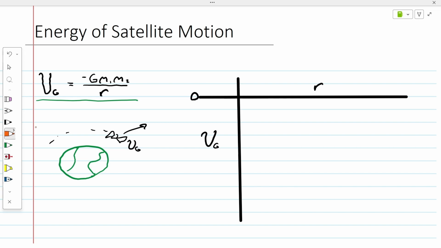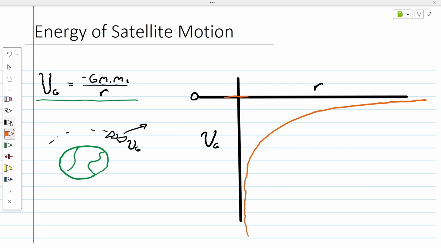When we have a really small radius, this gravitational potential energy is going to be very large in the negative direction, very, very negative. So we start at a very negative value, and as the radius gets farther and farther, it's going to get closer and closer to zero. This is the zero axis right here.